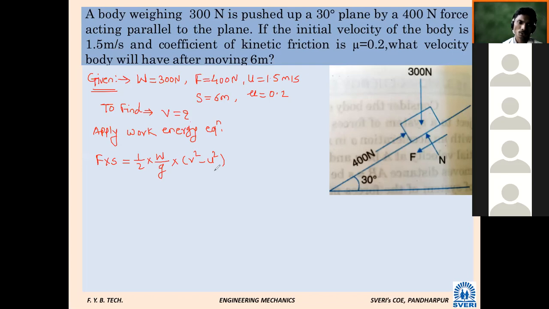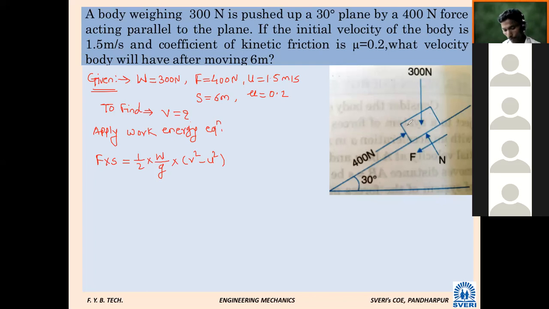As we know, by the work energy equation, whatever force will be there, 400 Newton is given. But this work energy equation and D'Alembert's principle are used to convert static into dynamic into static, along the plane and perpendicular to the plane.